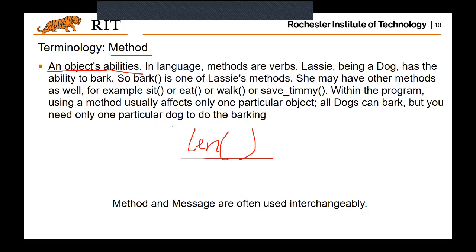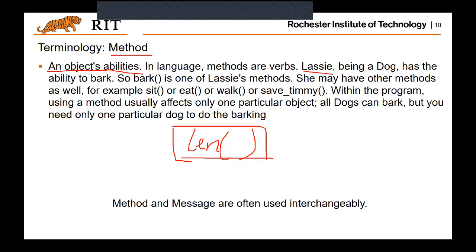So basically, it has the ability to tell you what the length of the string is. In that sense, it does something for you and gives you some information, and that's an object's ability, or method. If we look at the dog class as an example.